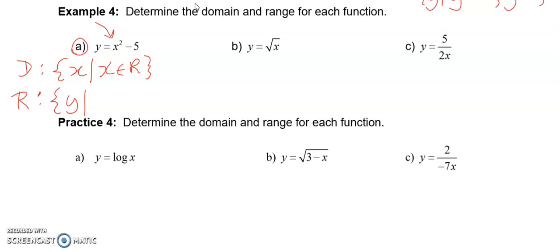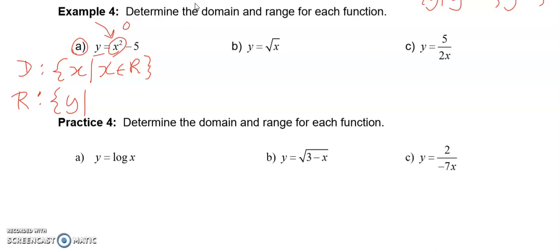But when you square something, it makes it positive, doesn't it? In fact, the smallest that you can make x squared is when you put 0 in for x, and that would become 0 squared. So think of this x squared part: it can get larger, but the smallest it can get is 0.